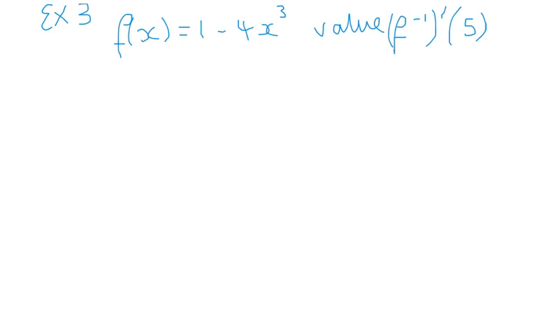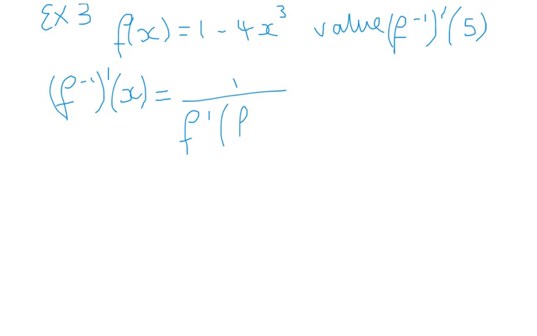So I'll start by looking at the formula and deciding a plan on what to do. The derivative of the inverse function is always 1 over f dashed inverse of x.